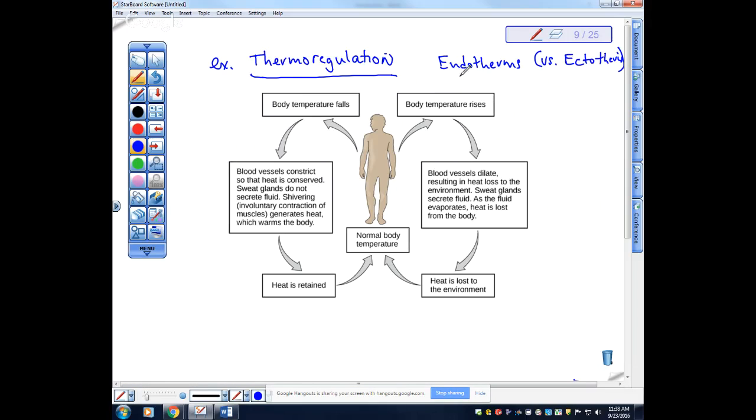So endo means that we use metabolism to regulate a constant body temperature rather than the environment. So think a lizard, for example, could sunbathe on a hot rock and become very warm-blooded, maybe even hot-blooded, but they're still ectotherms, even though they are warm from the sun.